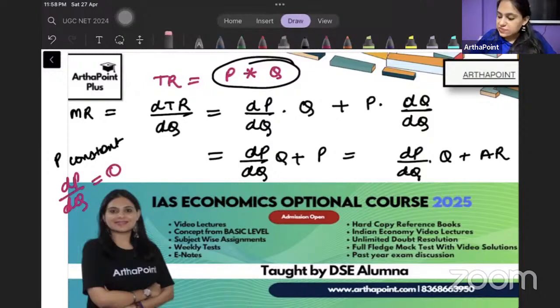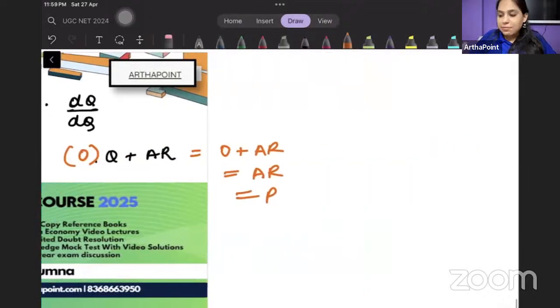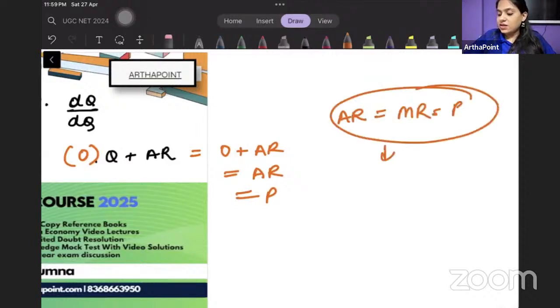So if price is constant, this factor will become 0. And if this is 0, then it will be 0 plus AR, which will be P. So MR can be equal to AR only when you are a price taker.